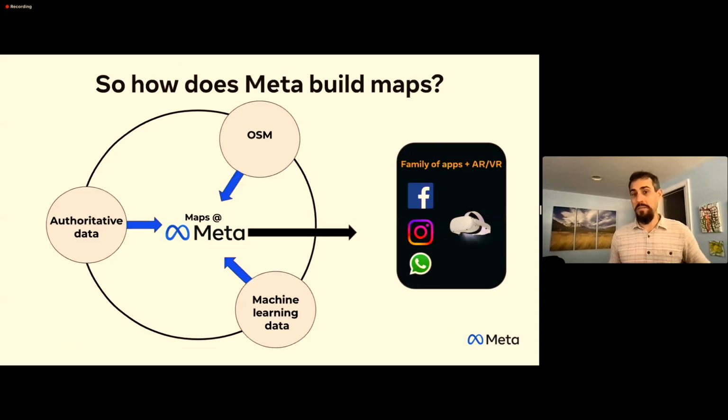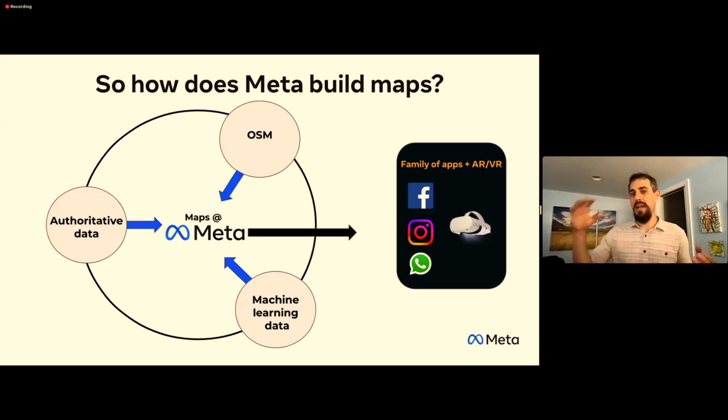So how do we build maps? This is a very basic diagram of our process, and I've built maps throughout my career, and it's pretty much a very similar process. It's not easy, as I'm sure most of you know. It's very time-consuming, it's very detail-oriented. Our main three buckets of data are OpenStreetMap, authoritative data, which is usually provided by the GIS department with the government or something like that, and machine learning data.